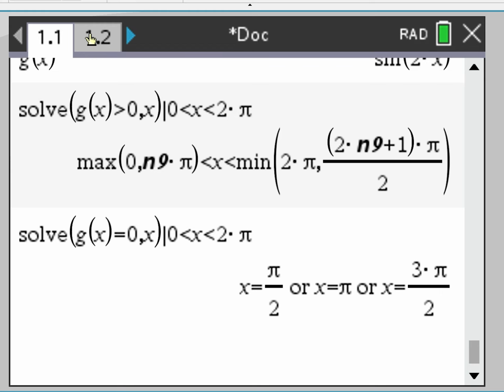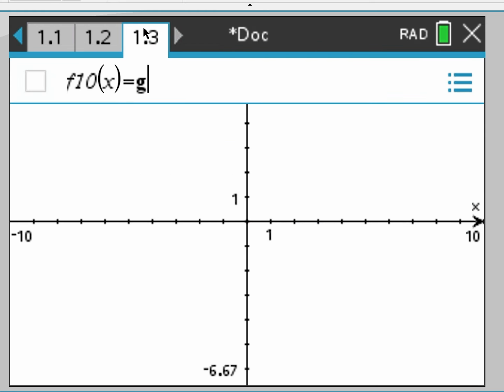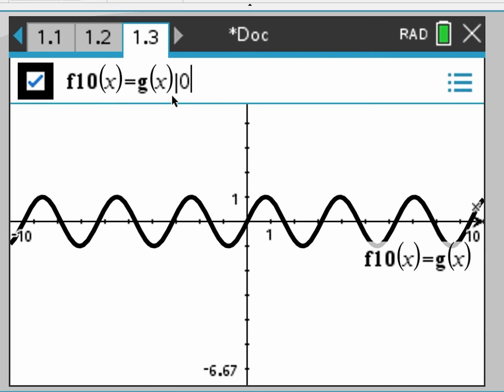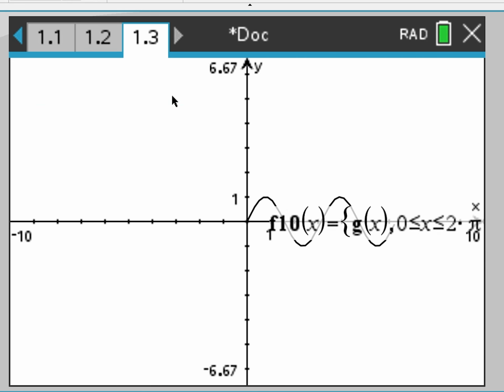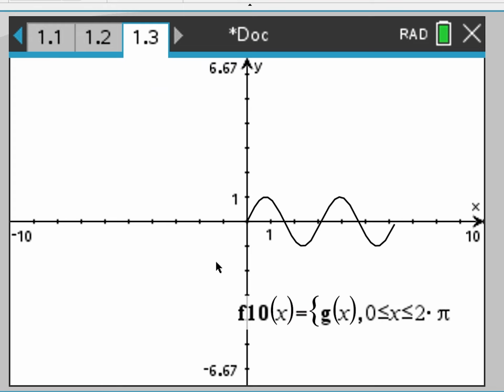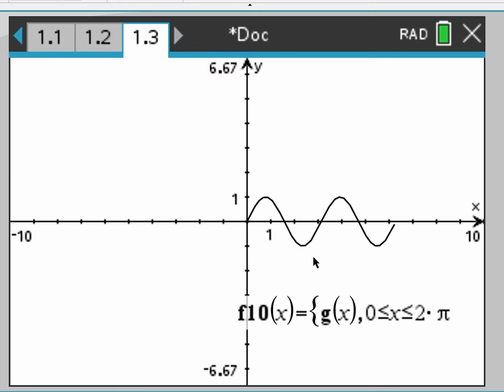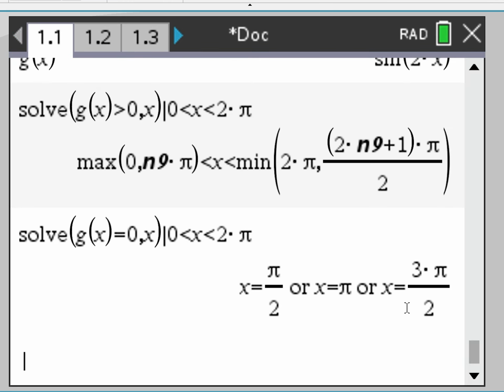So if I were to plot g of x, set the domain 0 less than or equal to x less than or equal to pi. For g of x to be greater than 0, it's going to be 0 to pi on 2, and then pi to 3 pi on 2 basically is our answer.